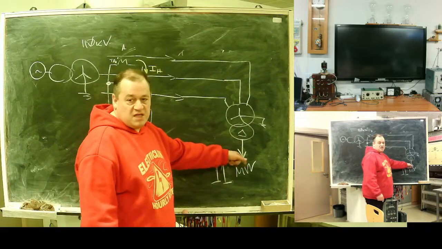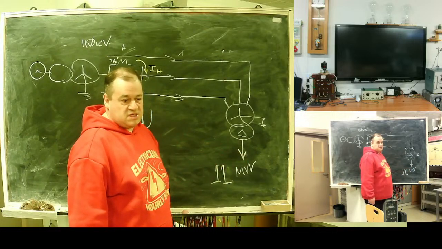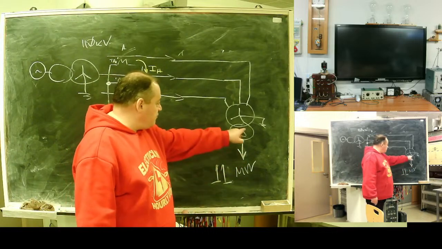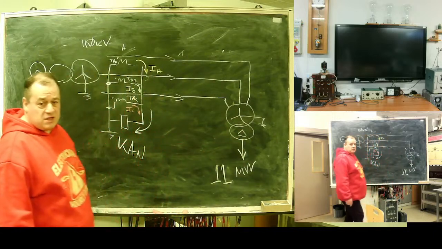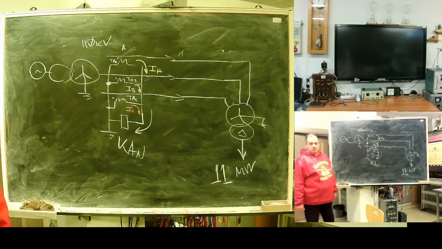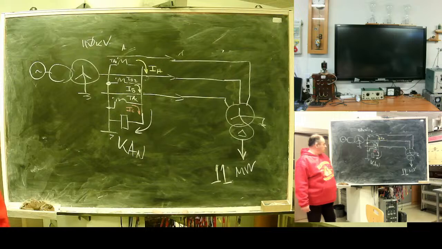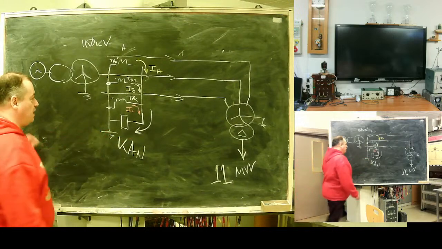Look here, symmetrical. You have a delta connection. What can you see? What flows here?